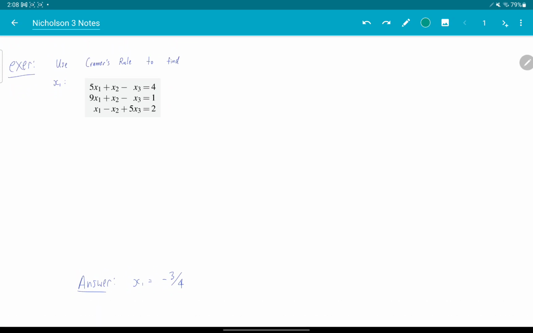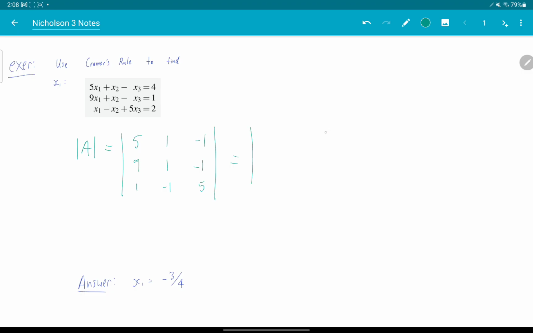Okay, what do we get? Let's skip straight to the determinant of A, the determinant of the coefficient matrix, 9, 1, negative 1, 1, negative 1, 5. How would I sort that out?